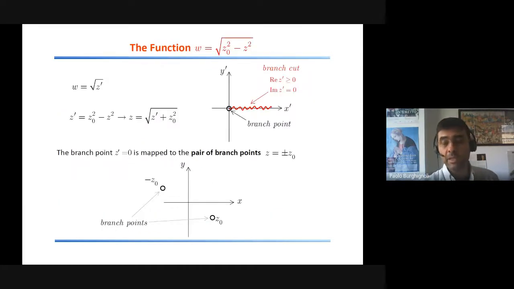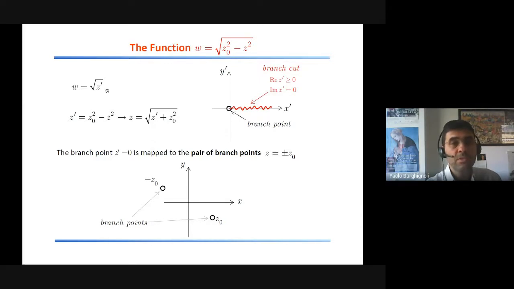Let us examine a related example, which is again associated with the square root function. In this case, the function is given by w equal to the square root of z0 squared minus z squared, which you can imagine to obtain by a composition of functions: the simple square root function of z', and then z', the intermediate variable, which is equal to z0 squared minus z squared.